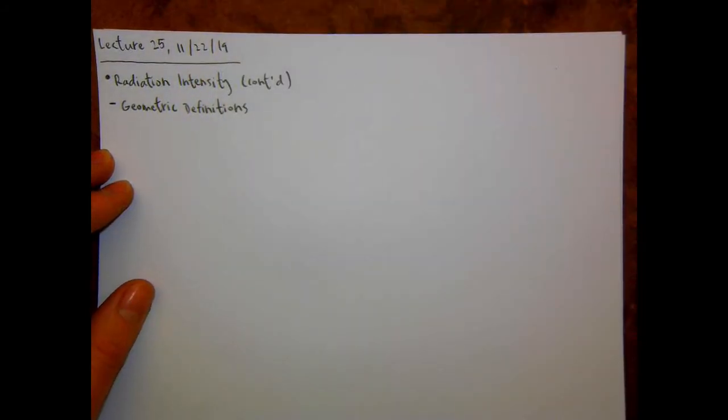And first, we're going to go through some geometric definitions to set up the way we're going to handle these directional effects. Okay, so we should all be familiar with a plane angle, right?